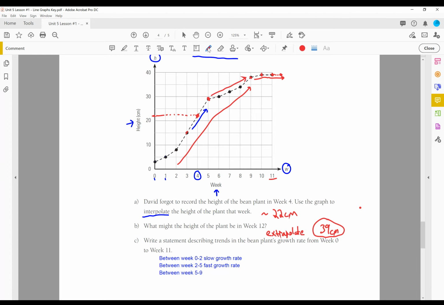It's kind of a slower growth rate there. We'll say a slow growth rate. And finally, between weeks 9 and 11, the growth rate flattens out.